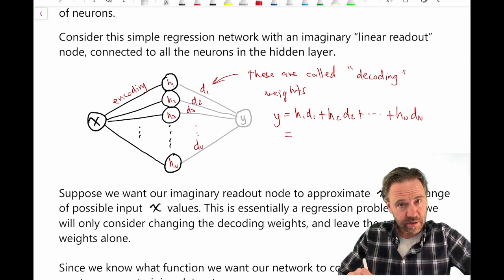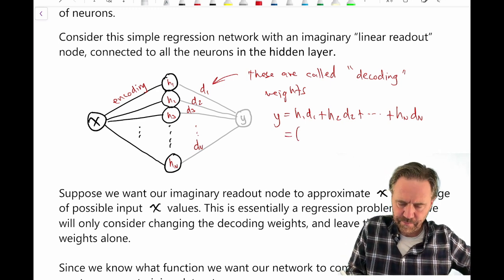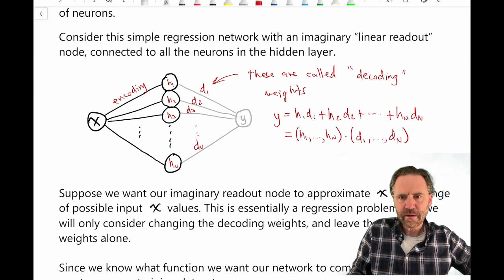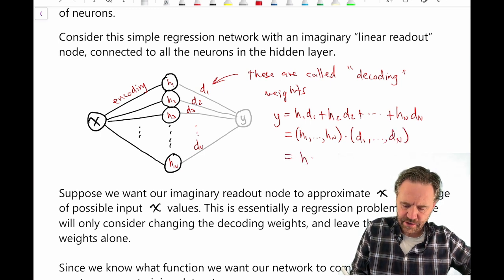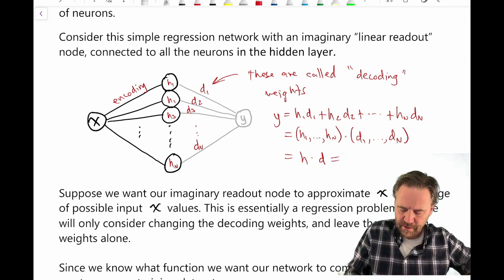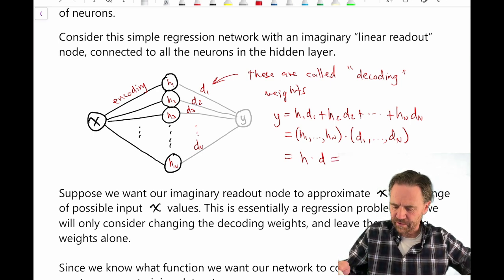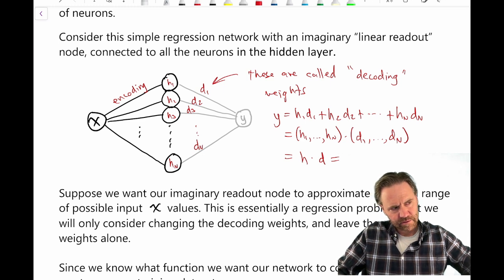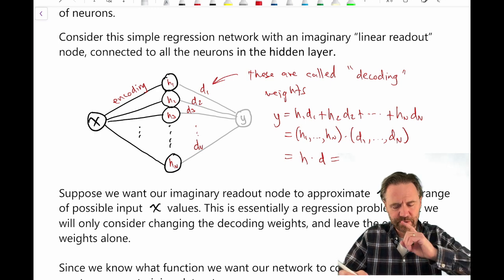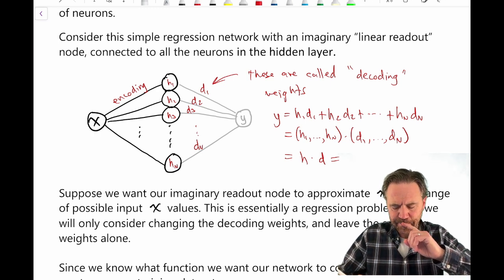You could also write that as a dot product, of course. You could say it's all those H's, H1 to HN, dotted with D1 to DN, or if you like, H dot D. In this lecture we'll be using column vectors.